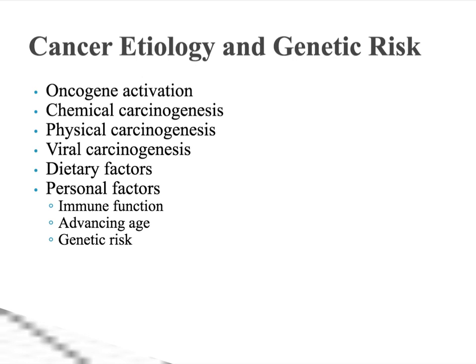And these carcinogens are things in our environment, which I kind of already mentioned. And there's some viral, there's physical, there's dietary things, there's personal factors. These are things we can't change. We can't do anything about. Basically, though, we just need to let people know that if you have genetics, if you have a lot of family members that have cancer, you're more likely to have it.